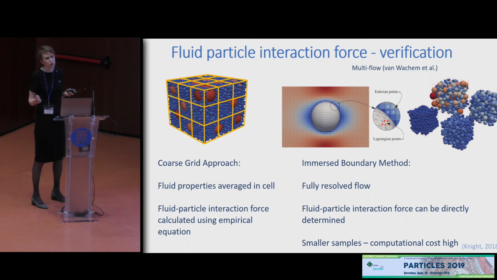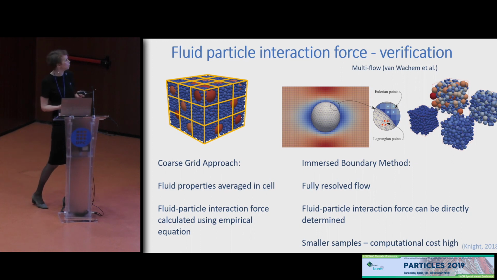We can use a force-resolved approach, where we don't fully resolve the fluid flow in the void space, and we use some kind of fluid-particle interaction force, and average our void ratio over a cell that's larger than particles, or we can fully resolve the flow. In geomechanics, simulations with fully resolved flow are very rare, to get a sample that's representative of the soil.